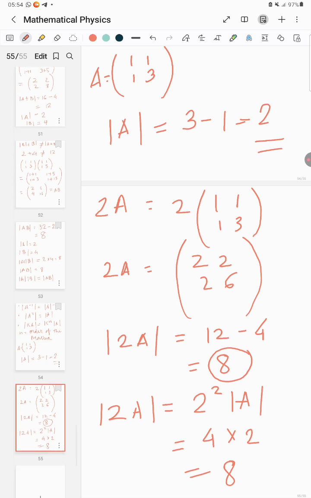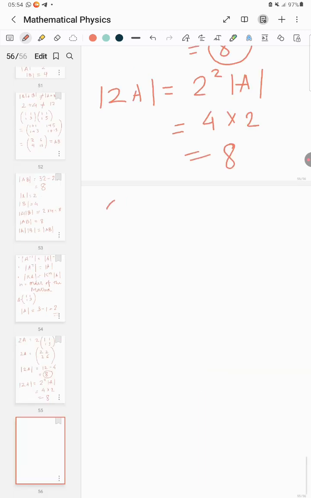So what is this 2 to the power 2? It is k to the power n. Alright, where k was the constant we are multiplying with the matrix, and n was the order of the matrix. So here k being 2, n being 2. So this is not 2 to the power n, this is k to the power n. Alright.